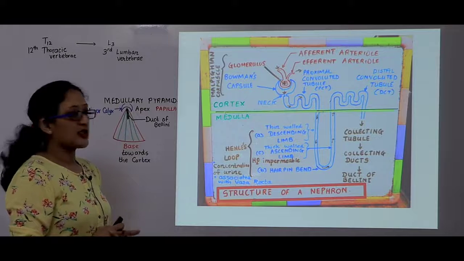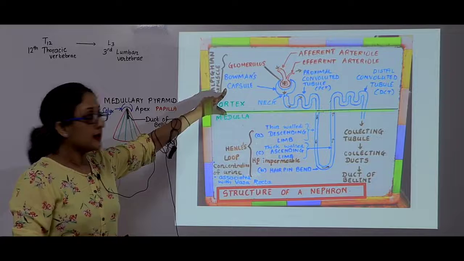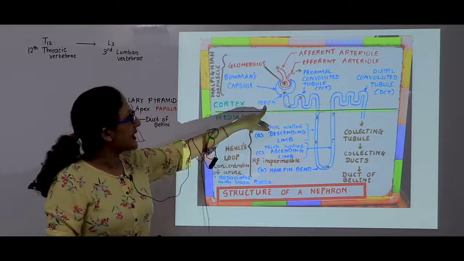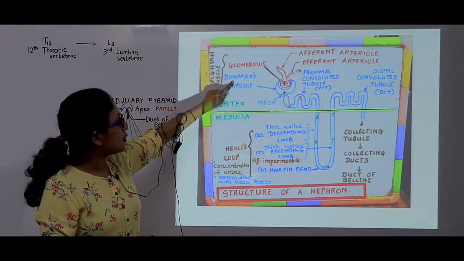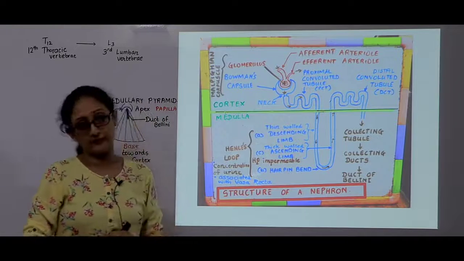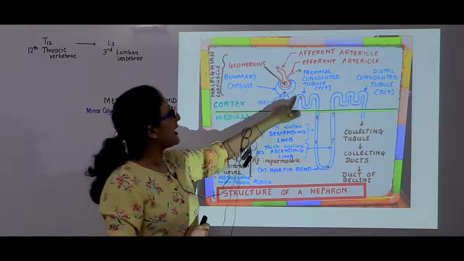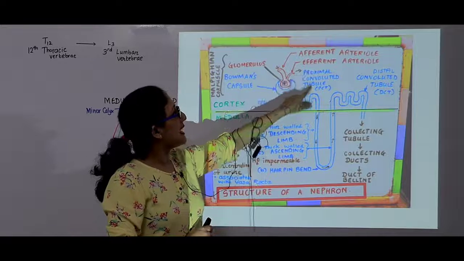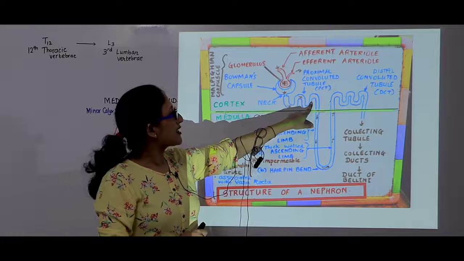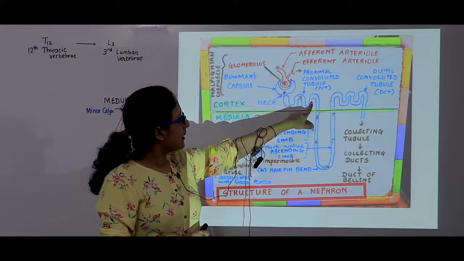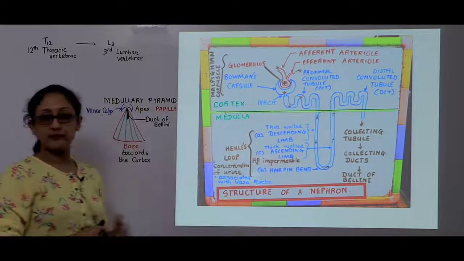So what are the actual parts of the nephron? I told you first you have the Bowman's capsule. You have a narrow region called the neck. The neck is the junction between the Bowman's capsule and the rest of the renal tubule. So the renal tubule has the first part which is highly coiled, called the PCT, proximal convoluted tubule. From the proximal convoluted tubule, the urine will now enter into the Henle's loop.